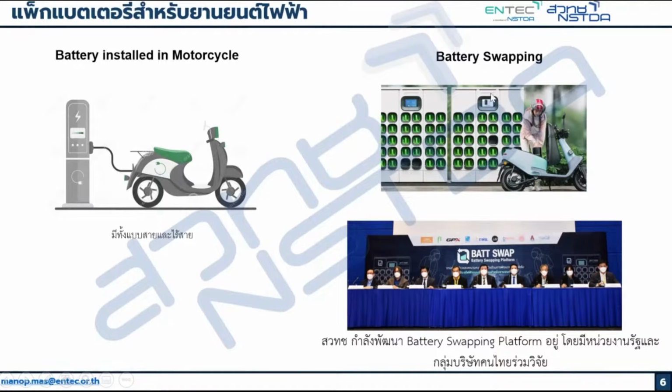At the moment we're trying to develop the battery swapping platform, working together with the government department and other organizations. With the battery swapping, we can use and charge at home. There is also public battery swapping for rent.